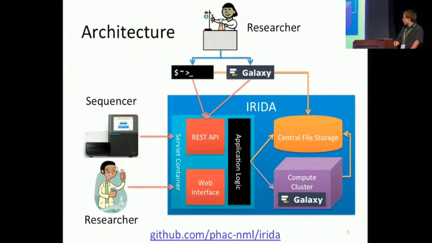In addition, while we have a few specific built-in workflows in IRIDA, we also allow people to export data outside of IRIDA into different environments for more custom analysis, such as into a command line-based environment where we generate a series of links so you don't have to re-download all your FASTQ files, or into a custom Galaxy instance where you can then run whatever tools you want in any standard Galaxy installation.